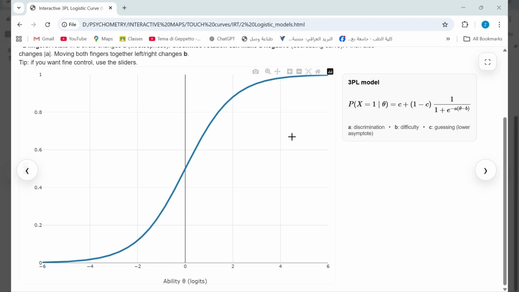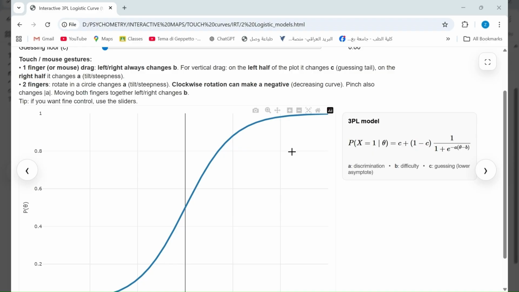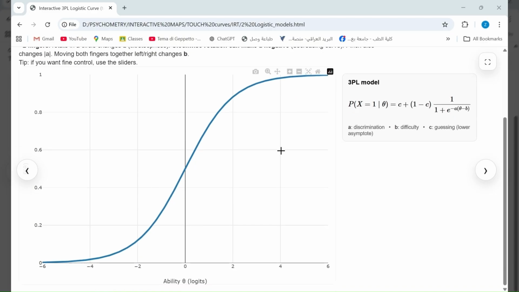So the whole of this curve is about a single question, a single item, for example item one in some test. So this is the ability of the students, and the y-axis has a maximum value of one and a smallest value of zero, and represents the probability of a correct answer.